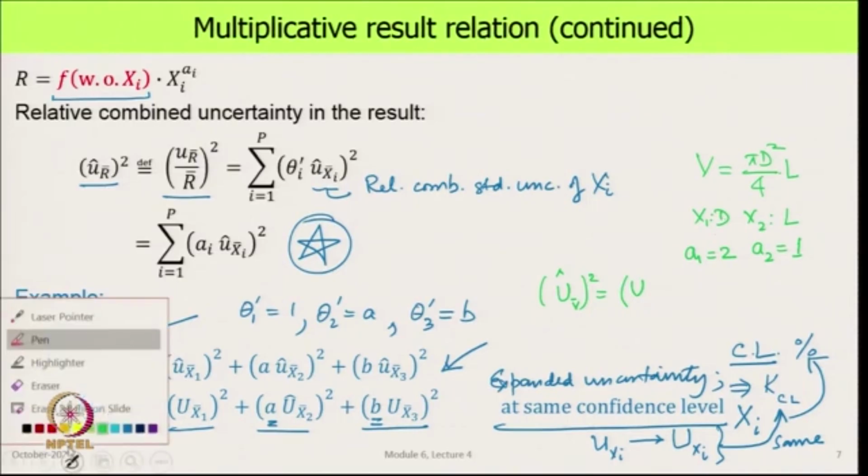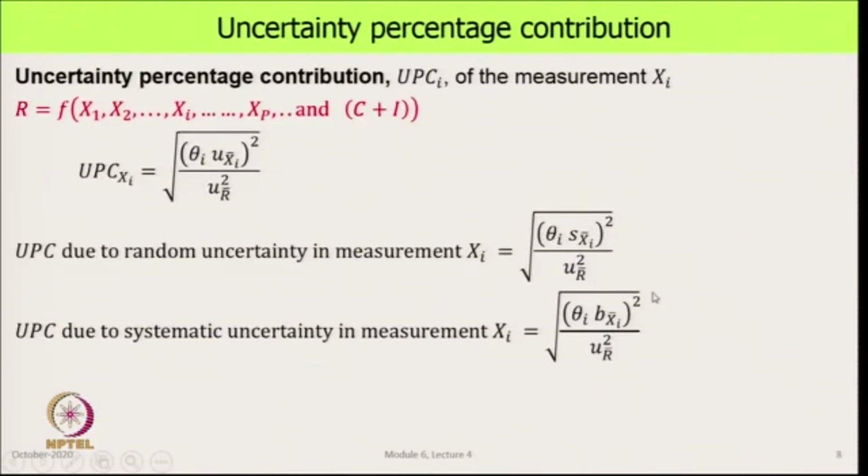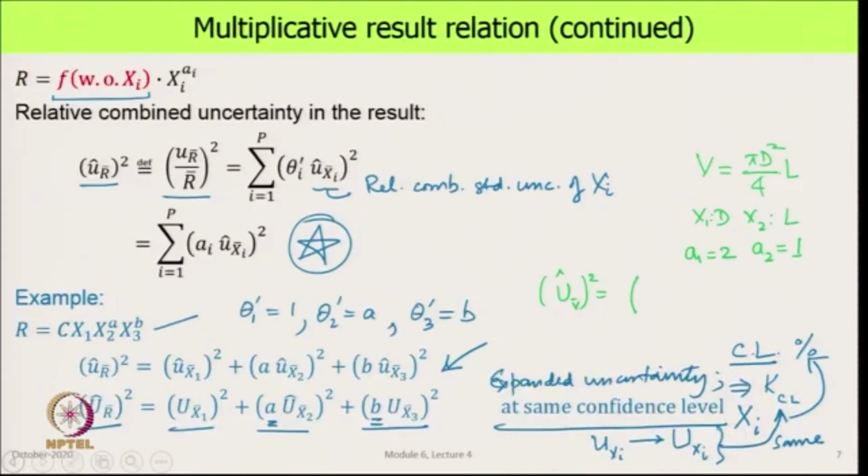So, this will be the exponent of x 1, which is the exponent of d, which is 2, times u hat d bar square, plus the exponent of L, which is 1, times u hat L bar square.